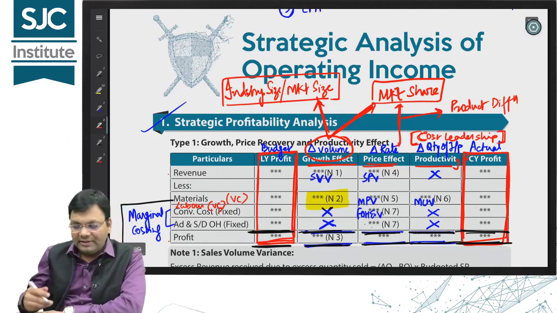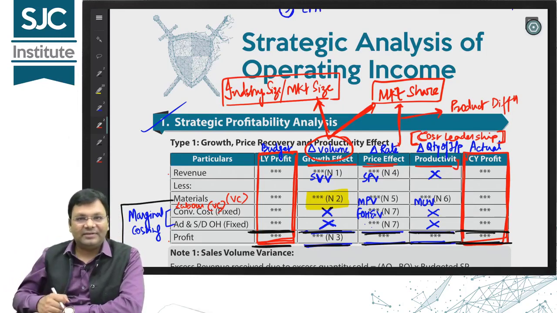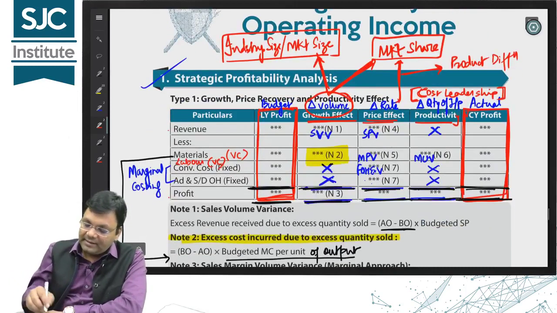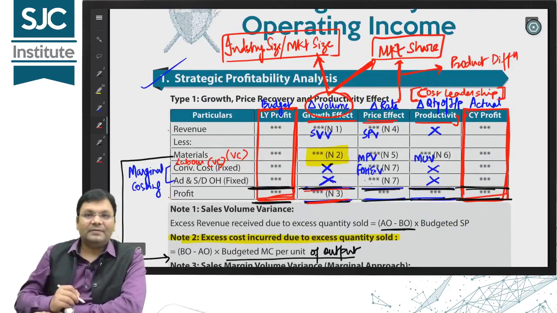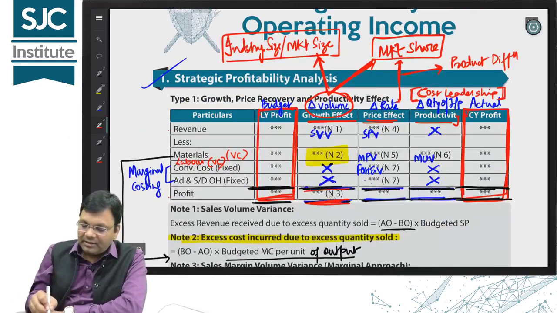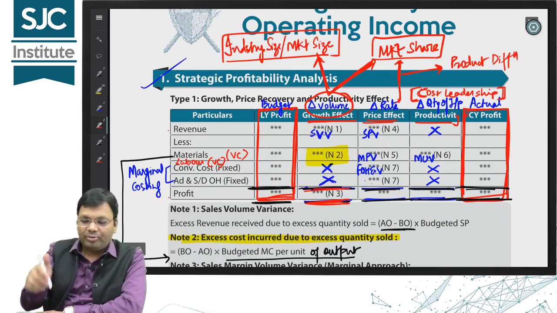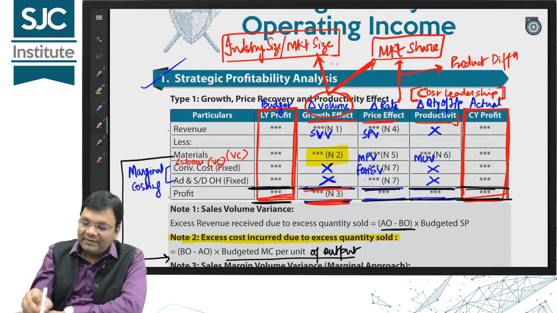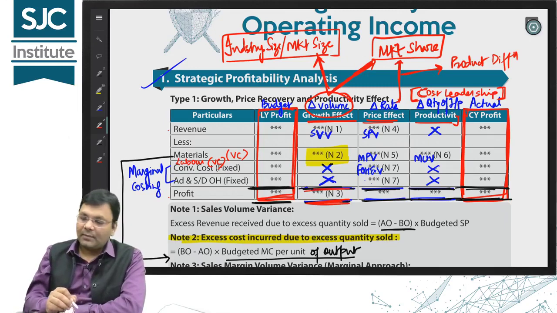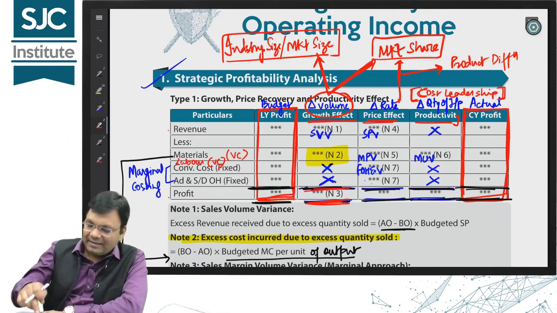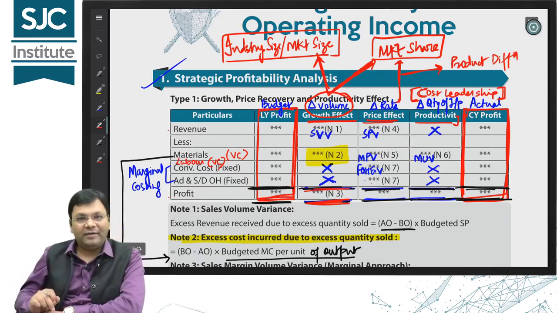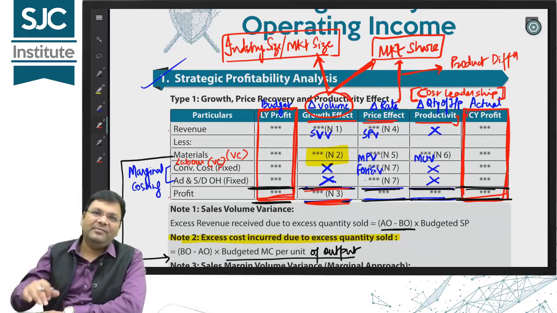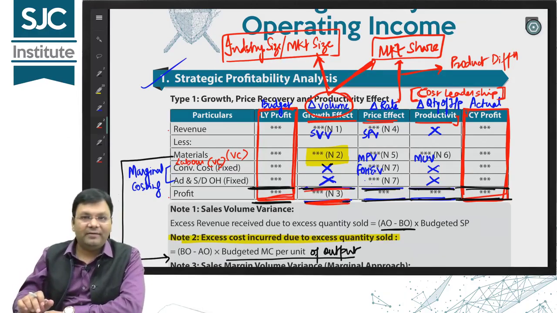So type 2 is a further analysis of this statement, whereby this growth effect will be split into two parts. Whatever the amount in the growth effect is will be broken into two parts as per the volume given in the breakup, and then share and price will be added to form product differentiation, and cost leadership will be nothing but the productivity effect.